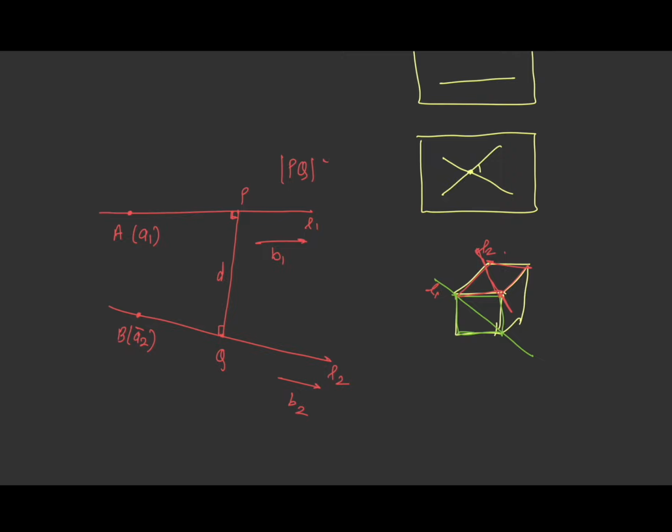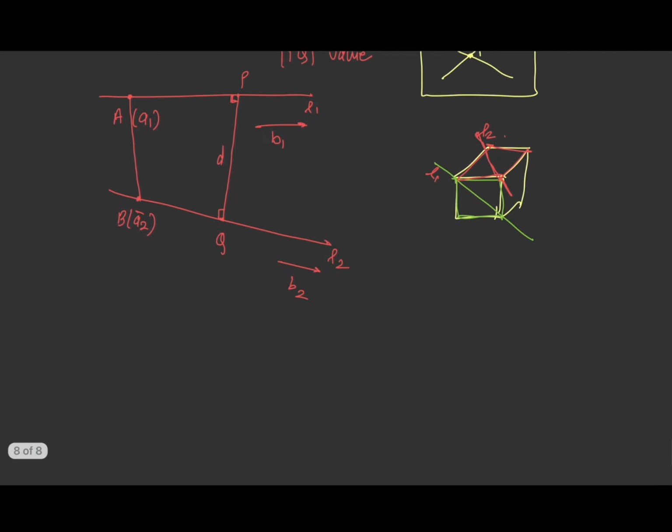We need this value. Now what other information do we have? We can connect these two points A1 and A2, as we did in the last video on distance from a point to a line. Let's see how we can use this to calculate the length of PQ. Line PQ is perpendicular to L1 and perpendicular to L2.